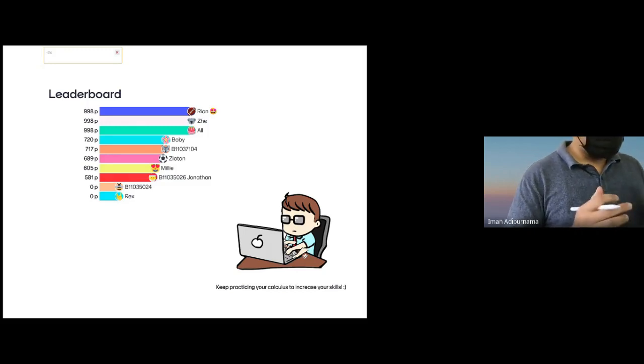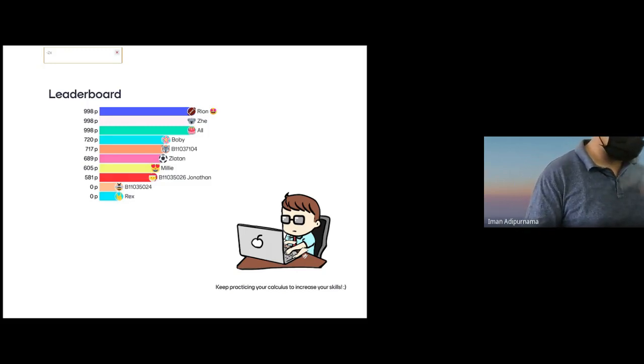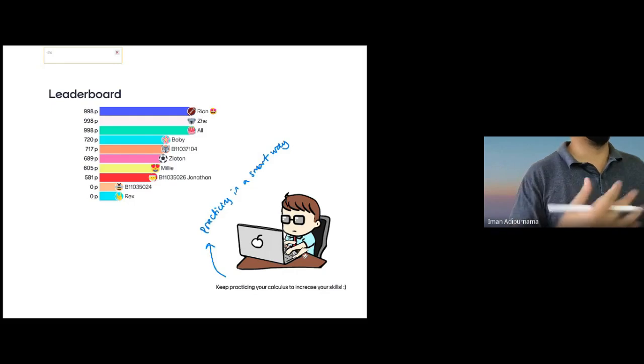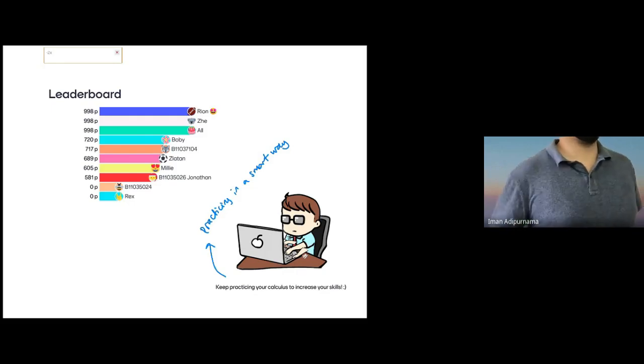So what I mean is keep practicing in a smart way. That means you need to know yourself more: what you want to do, what your purpose is, what your goal is, maybe why you are doing this whole thing in the university, taking some courses. If you know what you do, I think you can manage your life better.